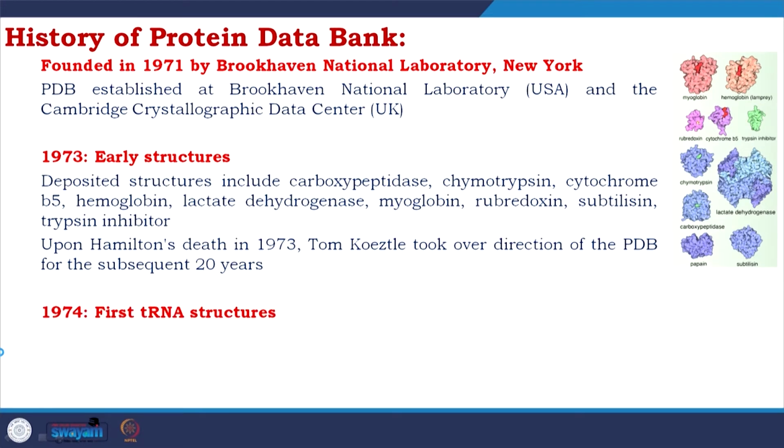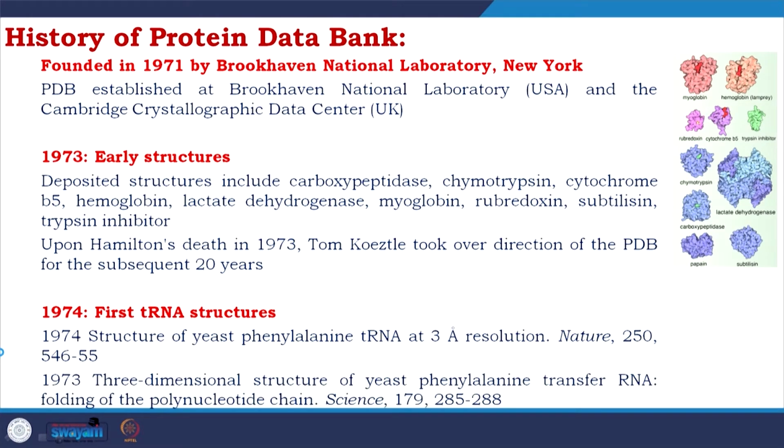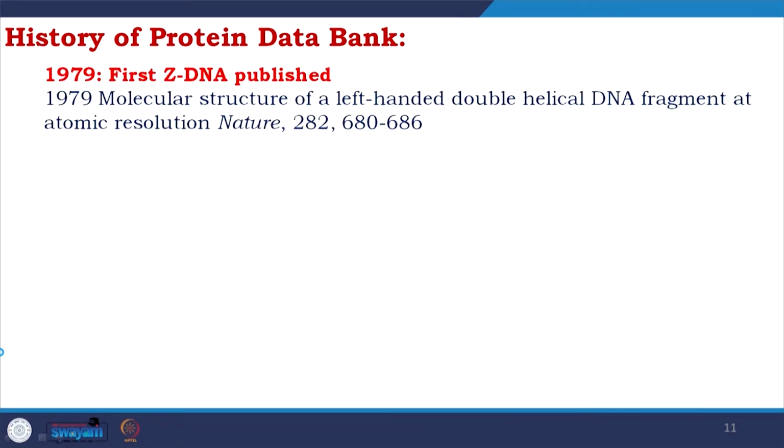In 1974, first tRNA structure appeared. 1974, structure of yeast phenylalanine tRNA at 3 angstrom resolution published in Nature. In 1973, three-dimensional structure of yeast phenylalanine transfer RNA, folding of the polynucleotide chain published in Science. In 1979, first Z-DNA published. The molecular structure of a left-handed double helical DNA fragment at atomic resolution, again published in Nature.